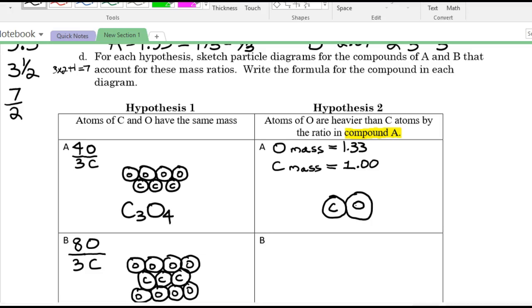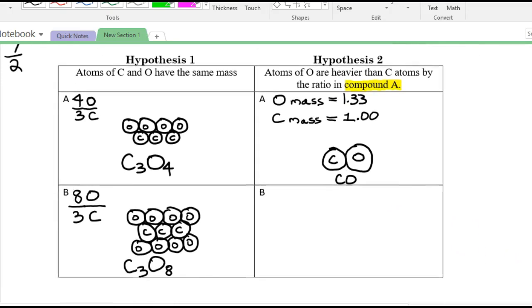And in this case, I have a ratio of just 1 carbon and 1 oxygen atom. So my formula would simply be CO. So the difference between hypothesis 1 and hypothesis 2, I'm just saying that the atoms are different sizes. They are different masses.